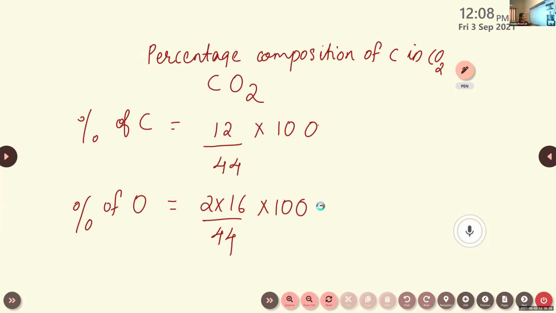Then empirical formula and molecular formula. The method of finding this empirical formula, and from this empirical formula, we can derive the molecular formula. So you have to follow this method. Then stoichiometry and stoichiometry calculations. This portion is also included.